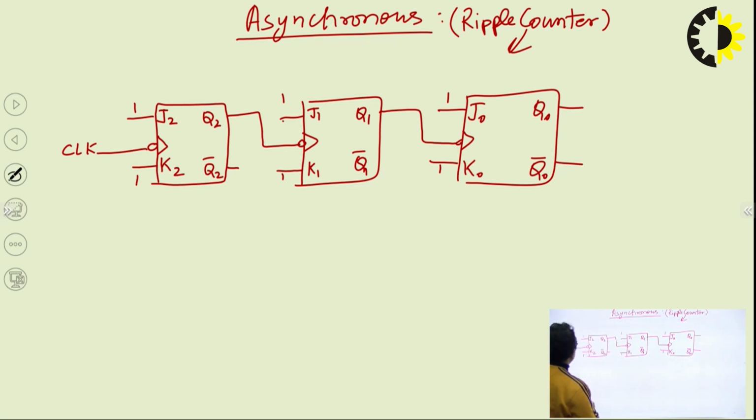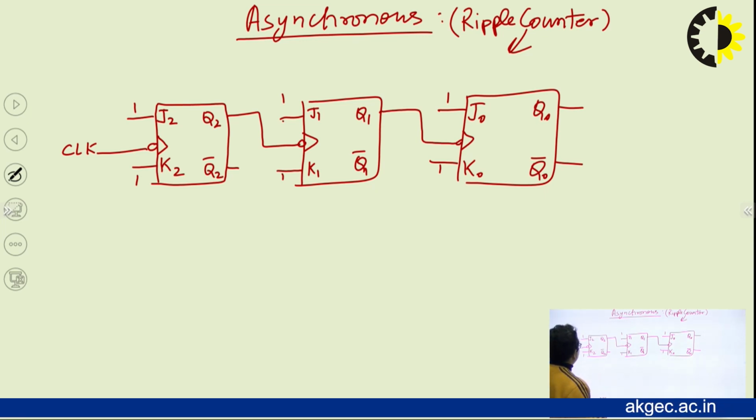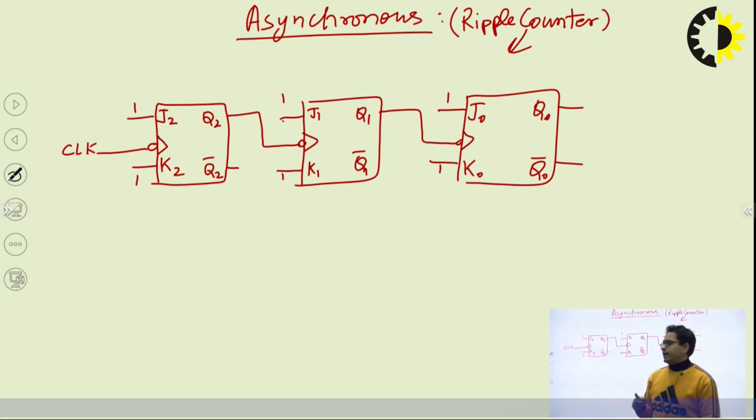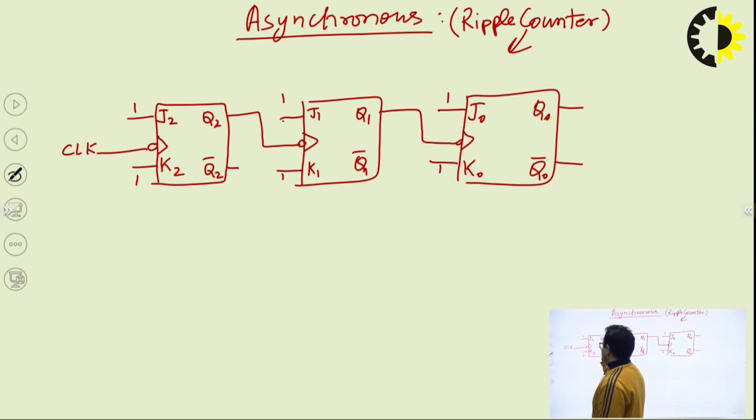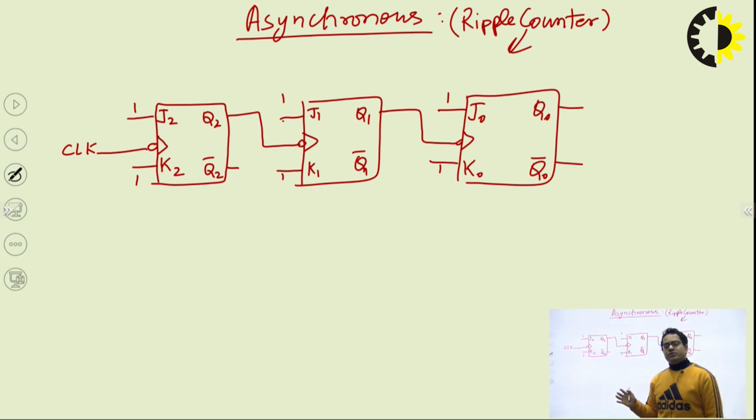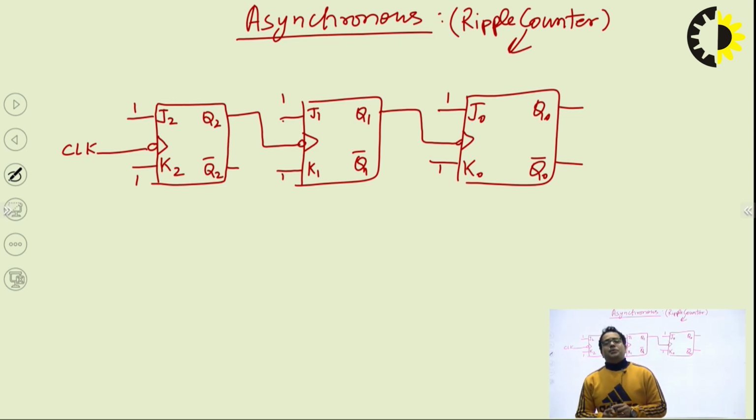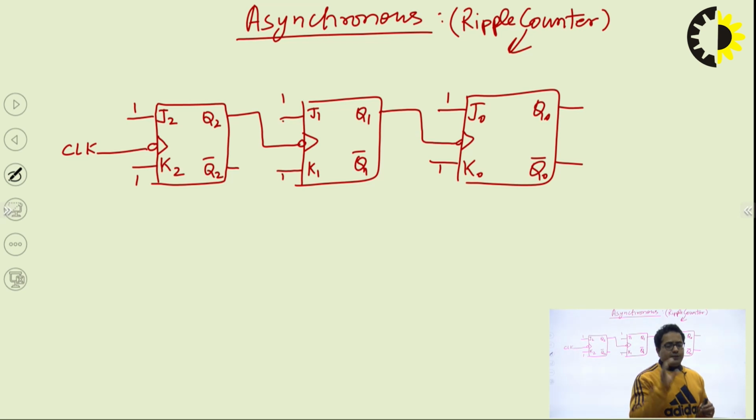In order to write the output, the most important point related to a ripple counter is which output should be treated as the LSB and which as the MSB. Remember that the flip-flop at which you apply the external clock pulse is treated as the LSB.